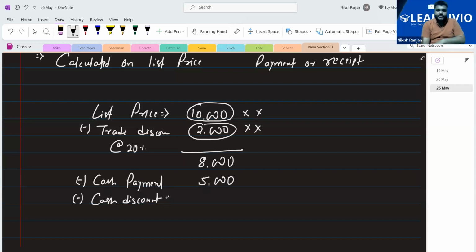It is 2%. I'm asking the amount of cash discount. How much cash discount is given?